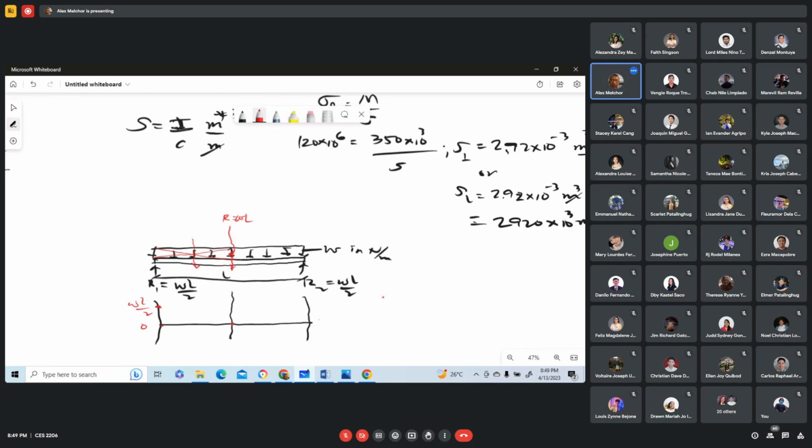This is L over 2 times W. So WL over 2, WL over 2 minus WL over 2 gives us 0. So we have now 0 here. And this is now, something like this, no? The shear diagram. This is 0 here, somewhere here. I'll just draw it clearly.